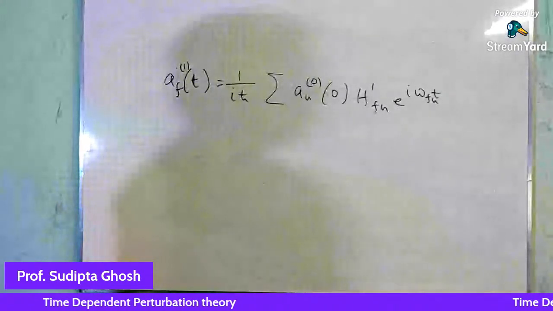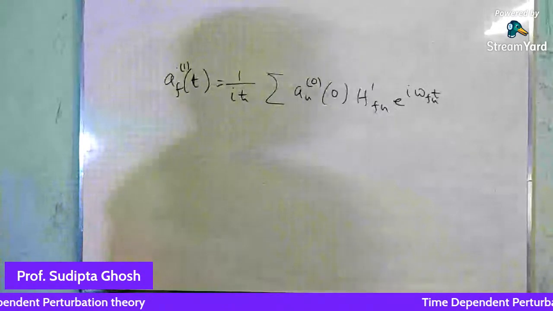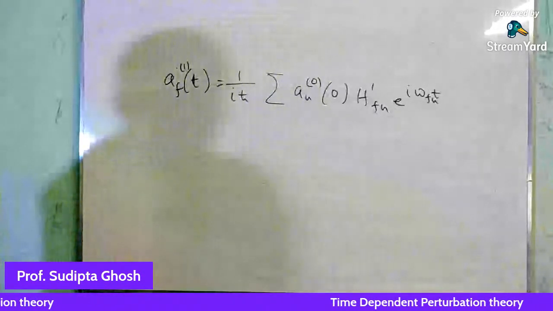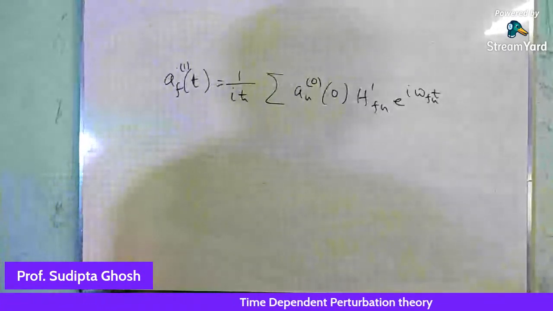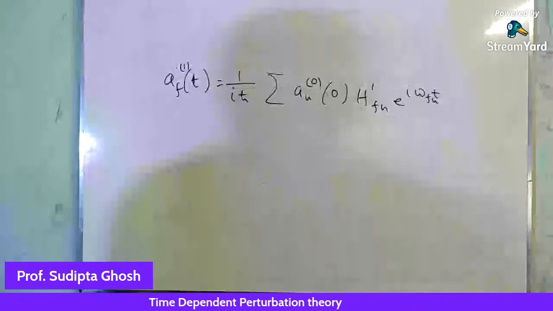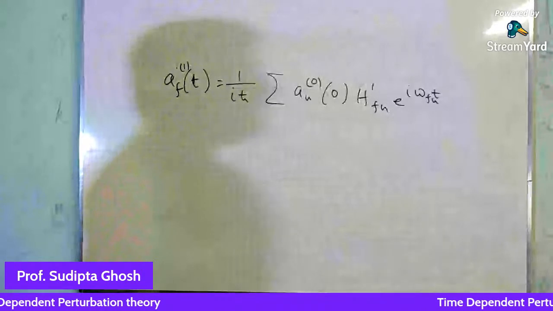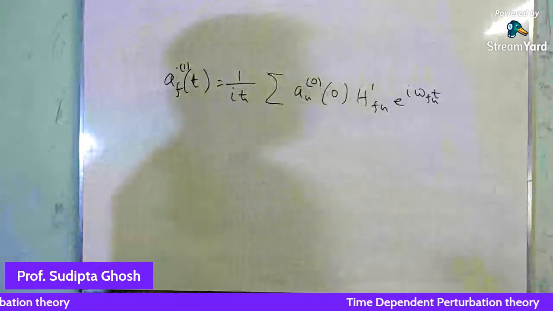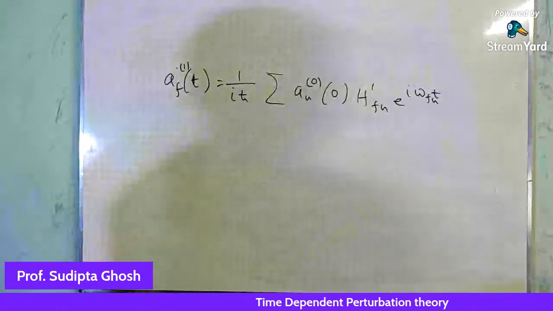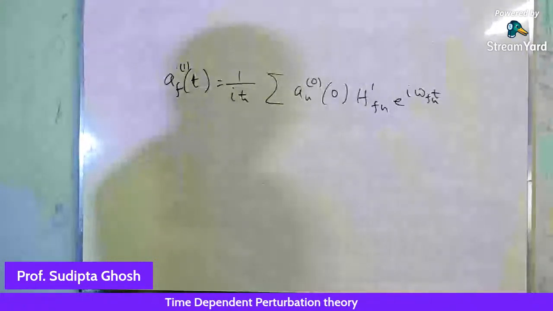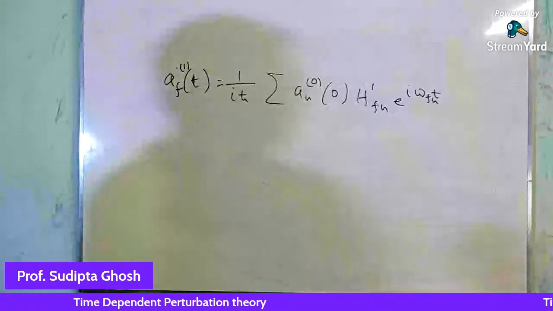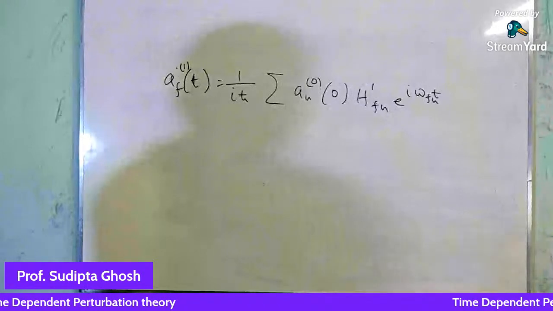Now, in many practical applications or practical phenomena, the initial conditions are such that at t equals 0, what does it mean at t equals 0? That is when the perturbation is not yet applied or turned on, or the radiation is yet to arrive.